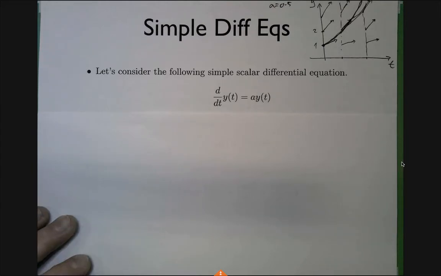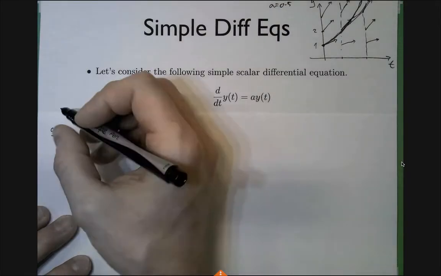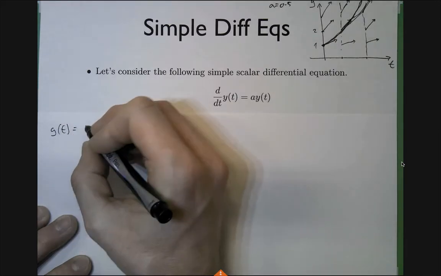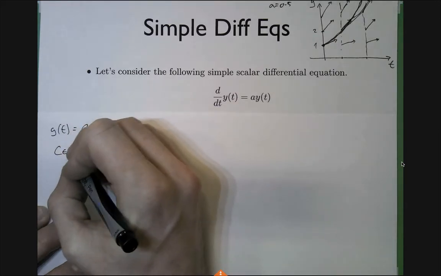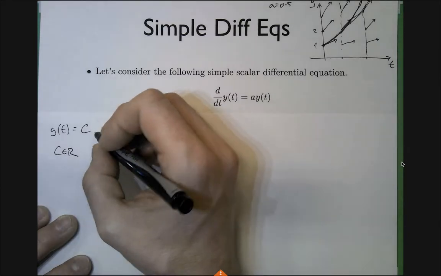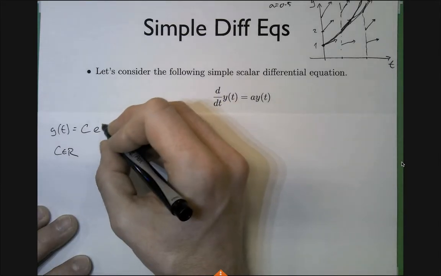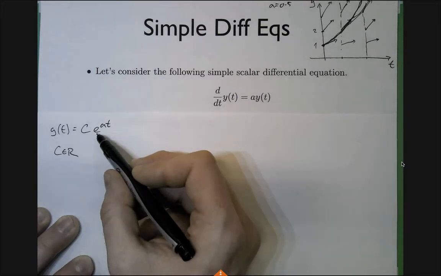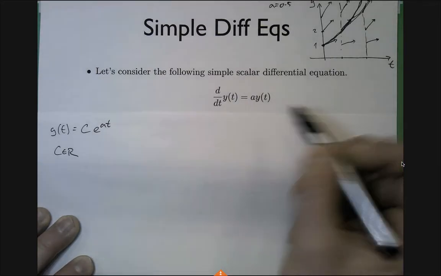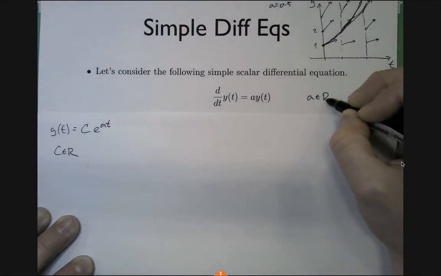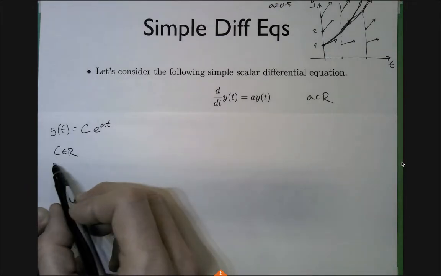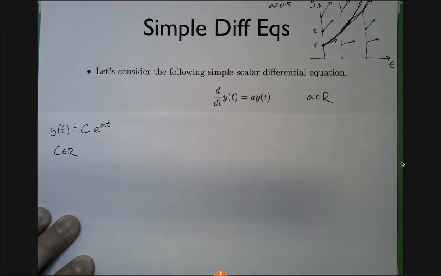So the solution is y(t) equals c e^(at), where e is the exponential function, a is some arbitrary real constant, t is my parameter of the function, and again c is a constant, okay?